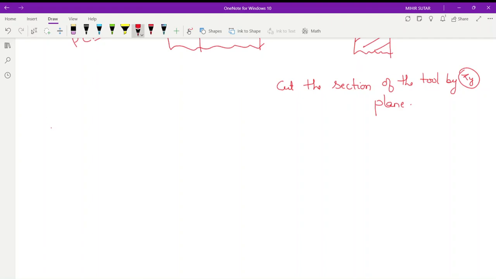Number one, back rake. Back rake is always denoted by gamma, which stands for rake angle. In 90% of the books, the rake angle symbol is given by gamma. Back rake, gamma y.